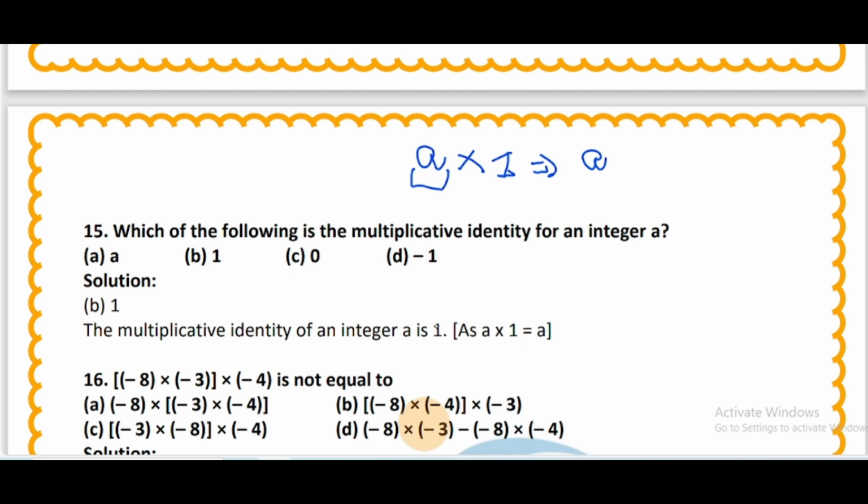The value remains the same. It means the multiplicative identity of an integer is 1, because when we multiply an integer by 1, the result remains unchanged. Then the multiplicative identity of A is 1. Then part B is the right answer.